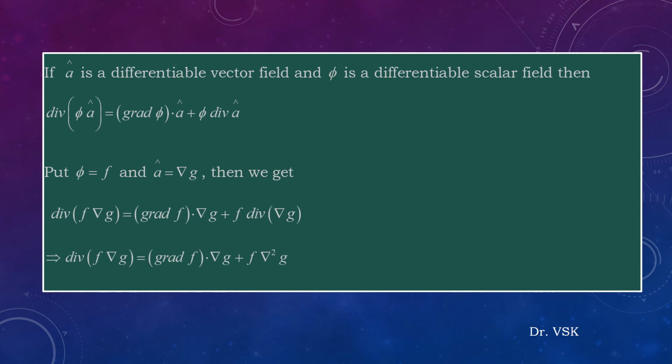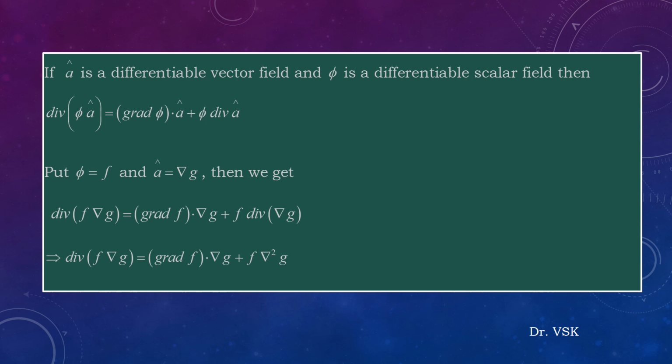Then what happens? What do we get? Div of phi a cap on the left hand side becomes div of f del g, which is the left hand side of our present identity.